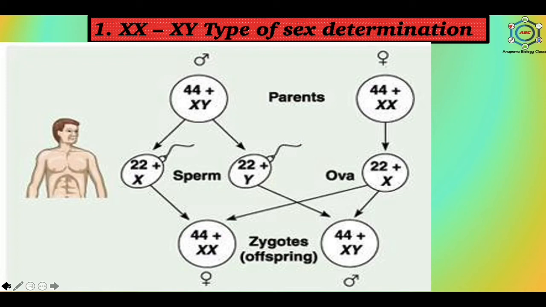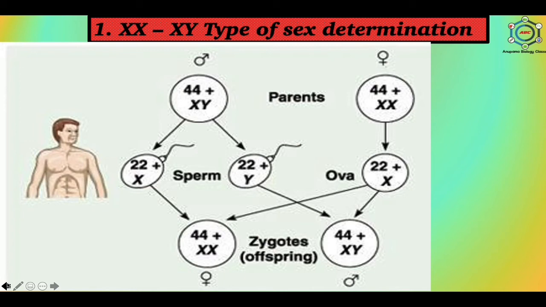In both human beings and fruit fly, the females have similar sex chromosomes, that is XX, and the males have dissimilar sex chromosomes, that is X and Y. And here, the Y chromosome is shorter than the X chromosome in humans and is hooked in fruit fly. Though dissimilar, the X and Y chromosomes synapse in meiosis, segregate and pass into different gametes. Thus, in humans, the female is homozygous and male heterozygous for the sex chromosome.